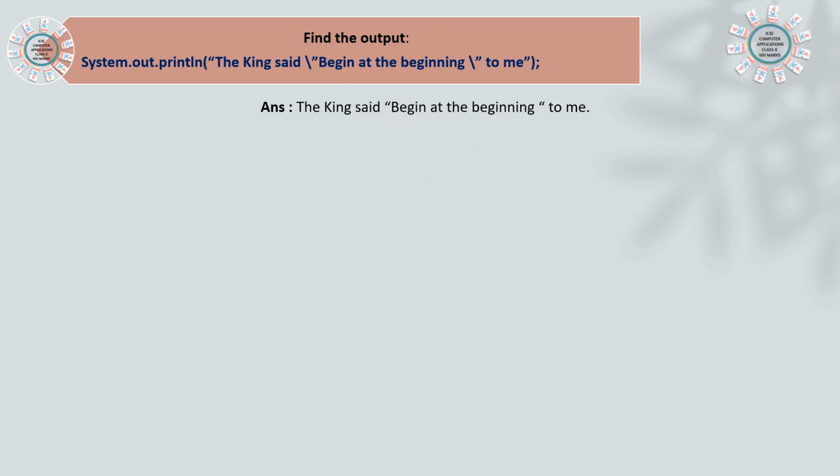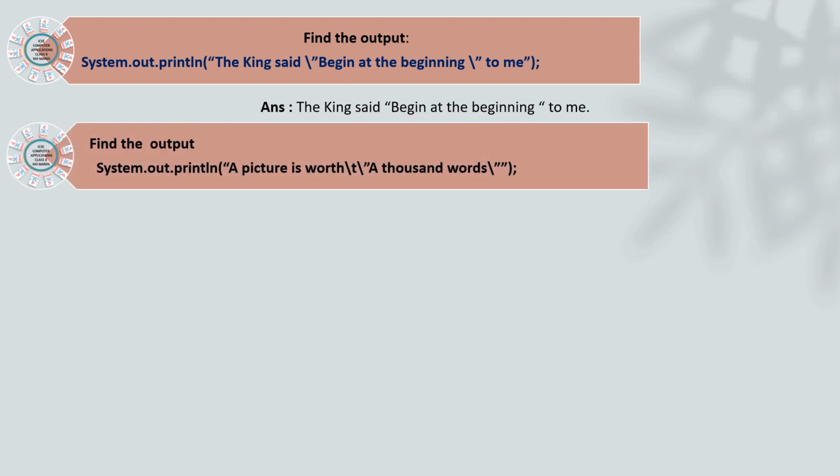You can see. And this one, a picture is worth slash t slash double quote 1,000 birds slash double quote. In this case, we can see the starting and ending of System.out.println, slash t means tab space, and then slash double quotes will come in the answer, and here also slash double quotes.